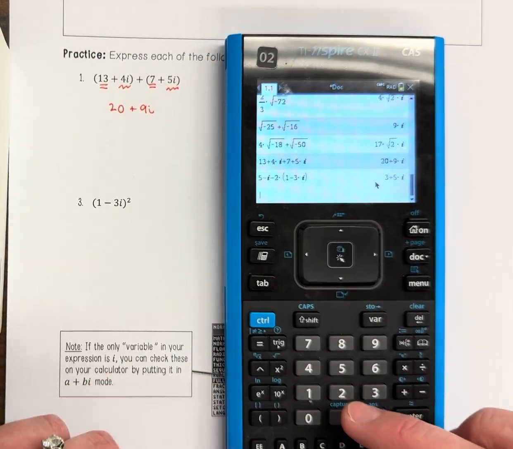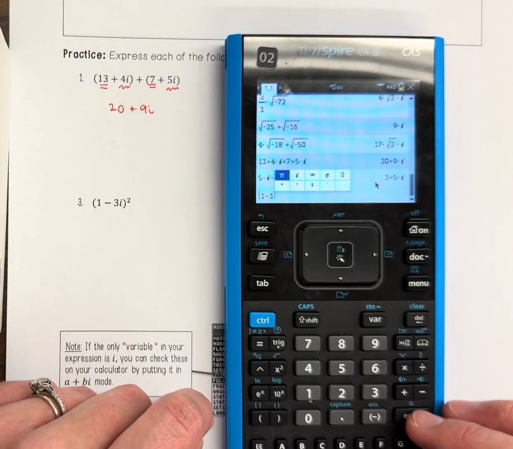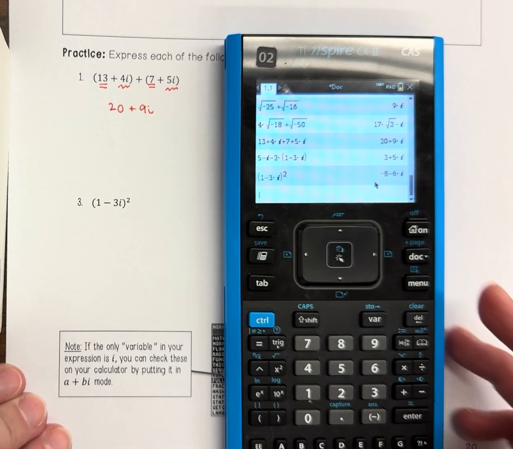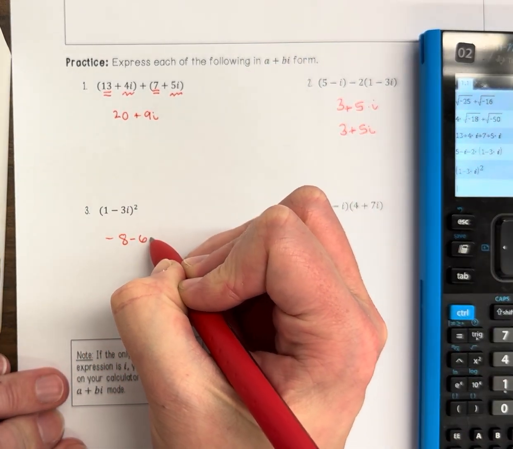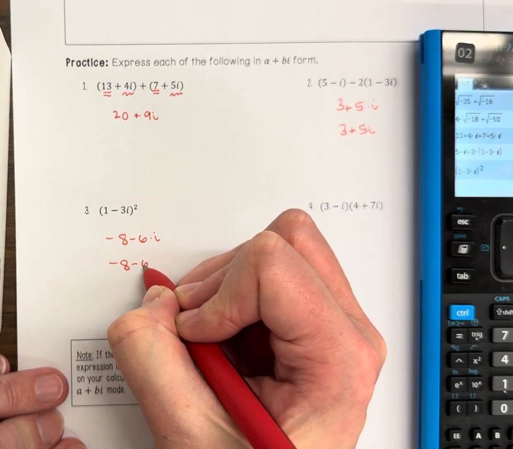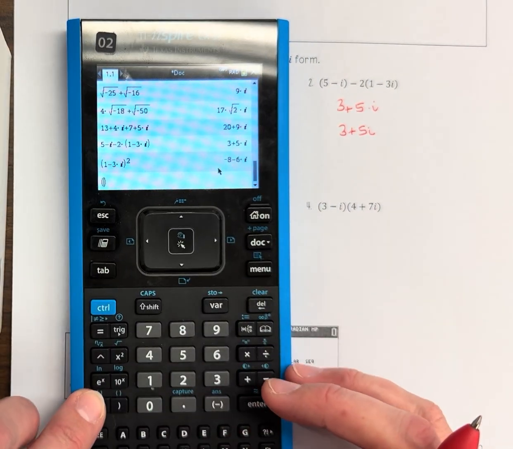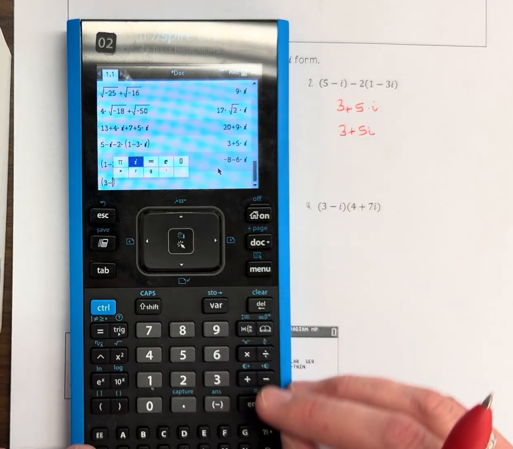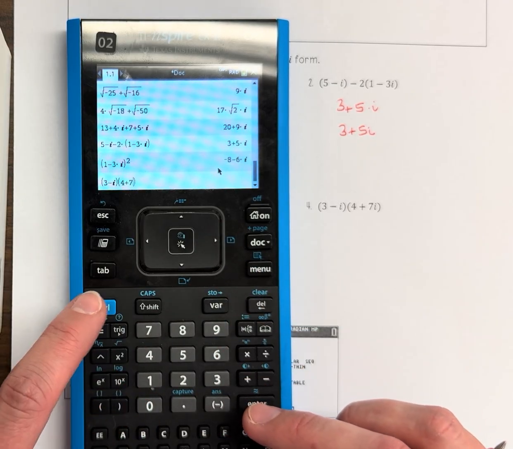Your calculator can square things, 1 minus 3i, and then squared, negative 8 minus 6i. Again, your calculator says 6 times i, but we're just going to write that as 6i. And then the last one is 3 minus i, and then 4 plus 7i.